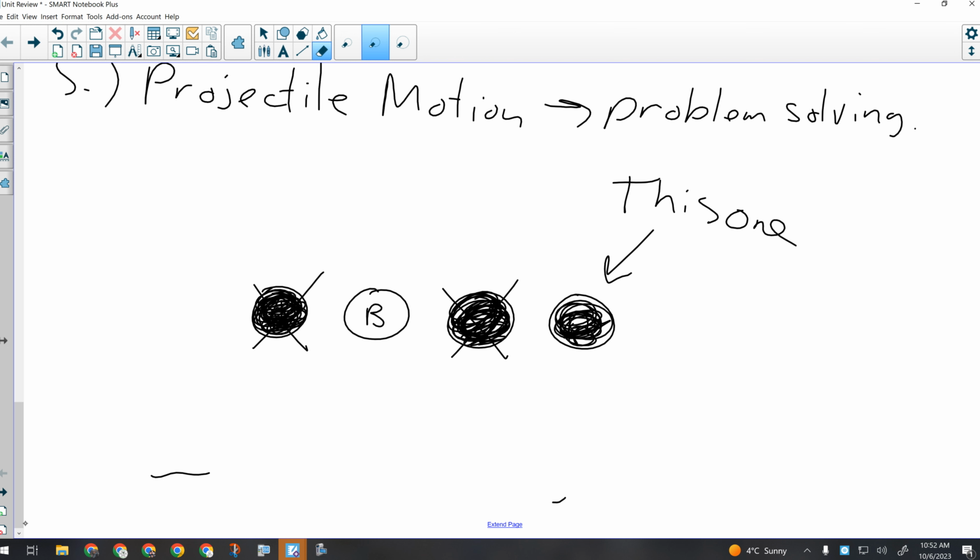So in the written response, you've got a projected horizontally projectile question. A projected at an angle question where you calculate horizontal distance and maximum height. A boat question. An acceleration problem.